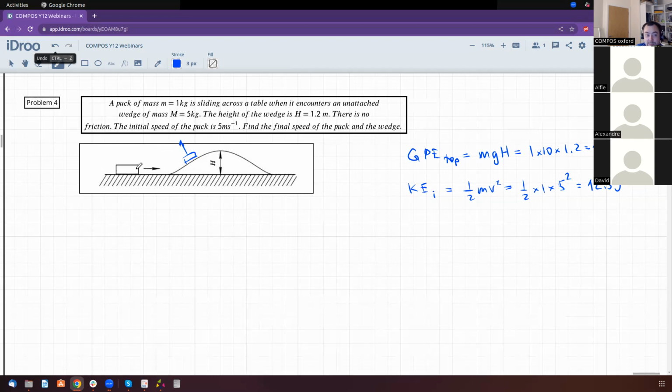The wedge is pushing the puck backwards, so the puck is slowing down. But on the other hand, the puck is pushing the wedge this way, therefore accelerating the wedge. So the wedge will also move. So when the puck is at the top, the wedge will move together with the puck.